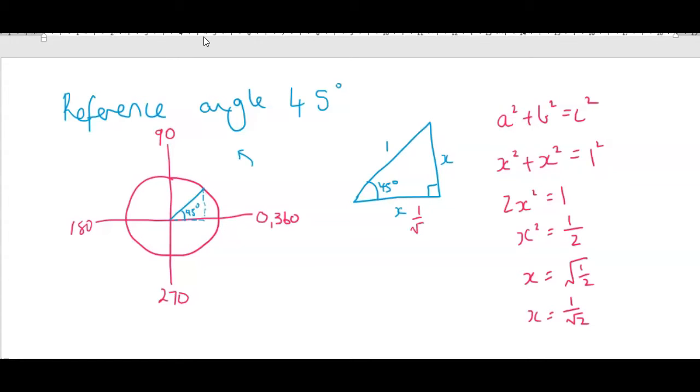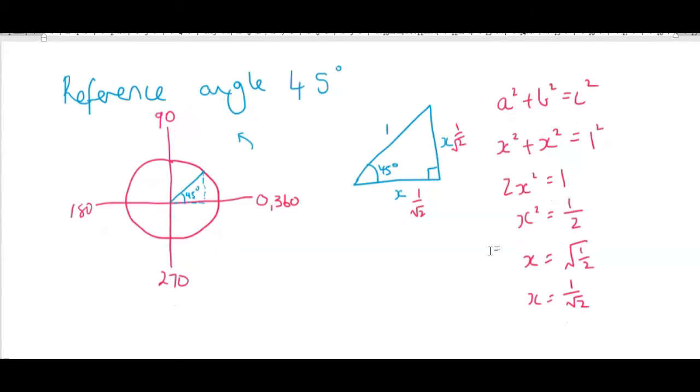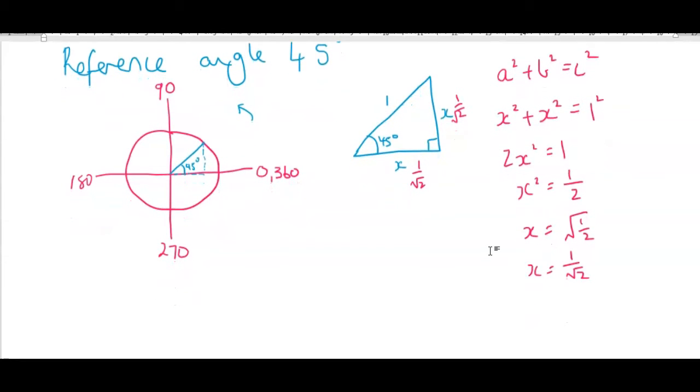So in my triangle, I've got 1 on root 2 here and 1 on root 2 there. Now, it's a bit weird leaving your denominator as a surd. So we tend to what we call rationalize the denominator. So to rationalize the denominator, we just multiply by root 2 on root 2.